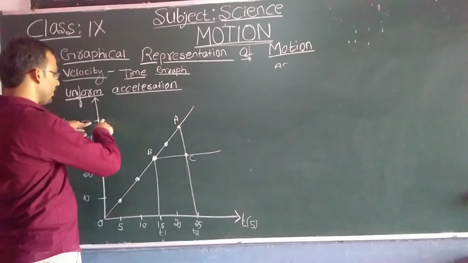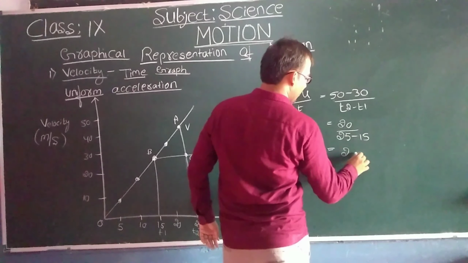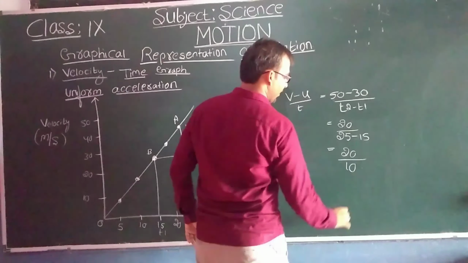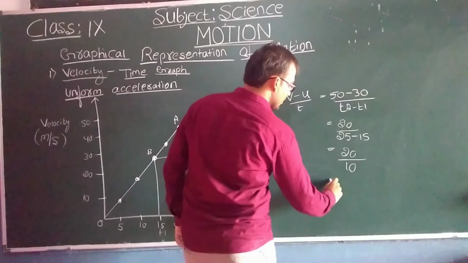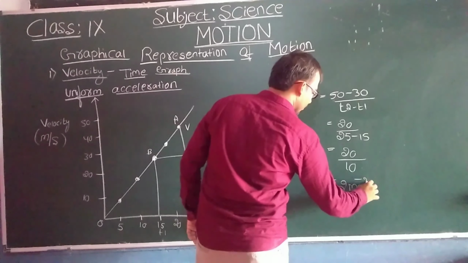T2 is 25 and T1 is 15, so 25 minus 15 is 10. And what is the answer? 2 meters per second squared.